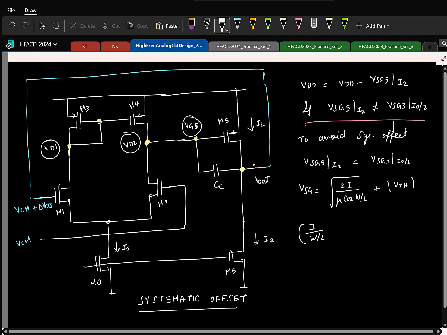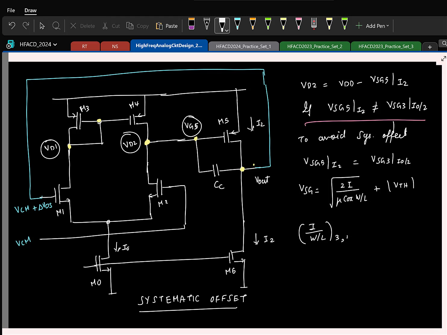So I by W by L for the transistors 3 and 4 must be equal. And typically if you choose the lengths of the three transistors to be the same, that simply boils down to having the same I by W. Why not keeping length only?